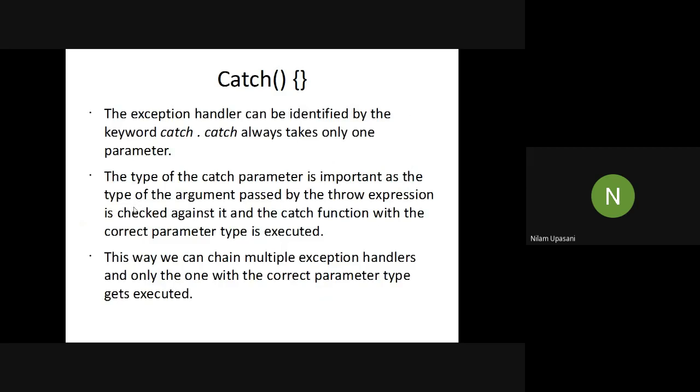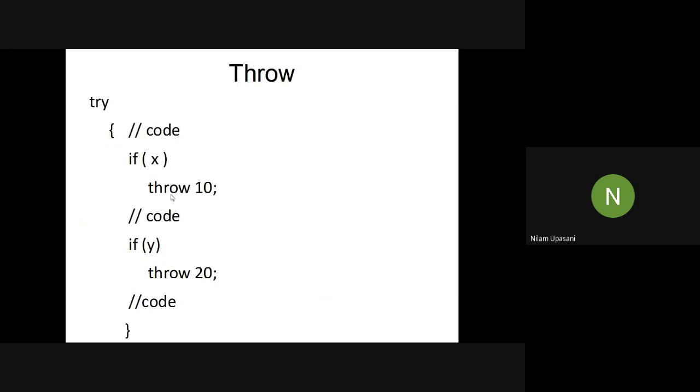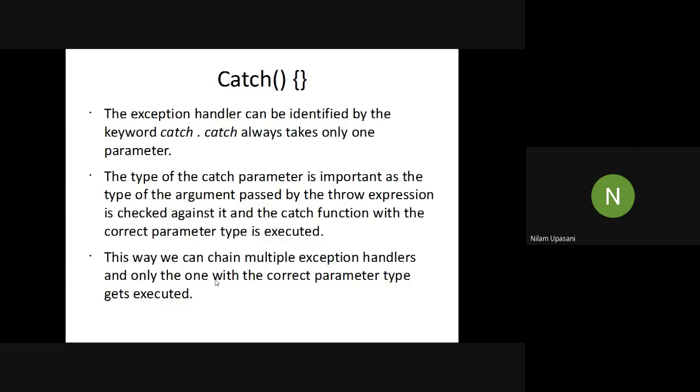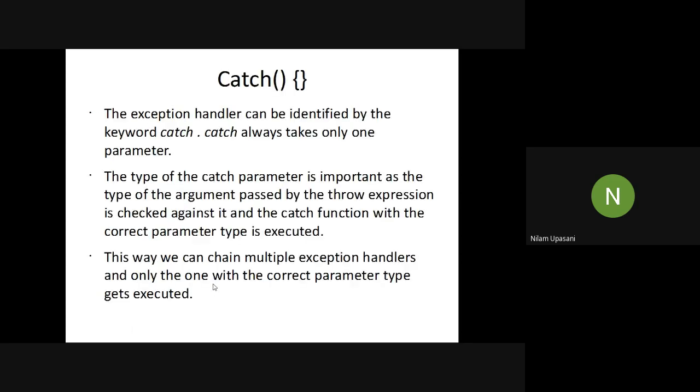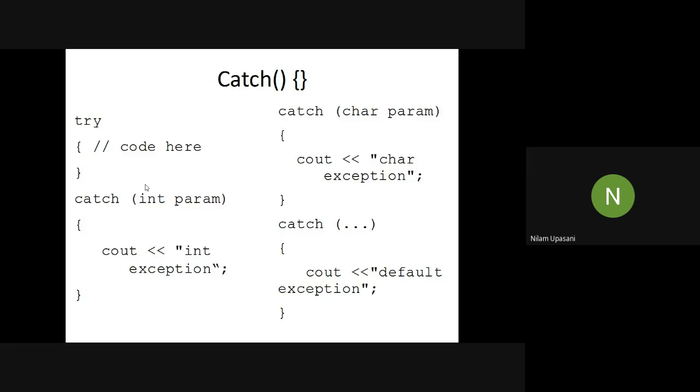Here I'm throwing only an integer type of exception, so it's okay if I have only one catch wherein I catch the integer type of exception. But just imagine that here I'm throwing an integer type of exception and here a character type of exception. In that case, I should have multiple catch statements. So for one try, I can have multiple catch statements.